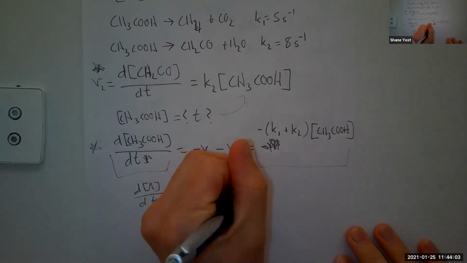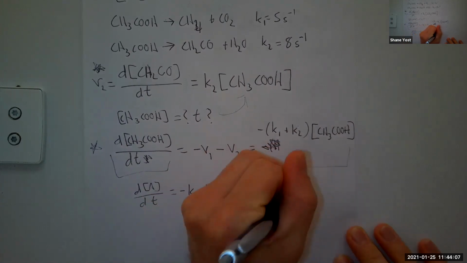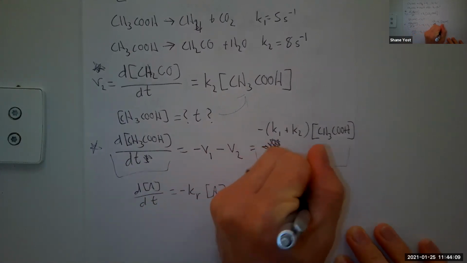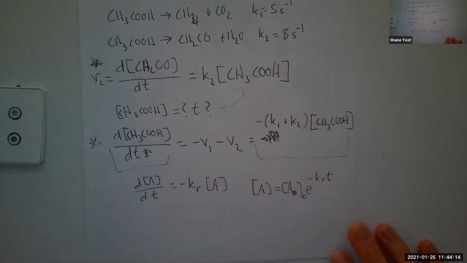So this says, in integrated form, the concentration of A equals the initial concentration of A times e to the minus KR t.